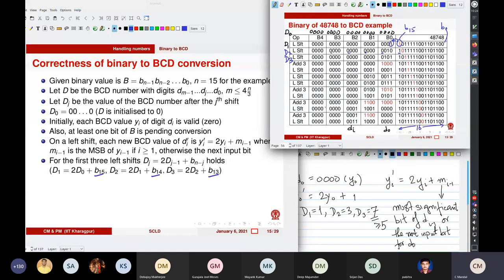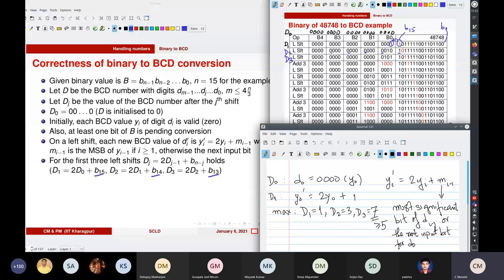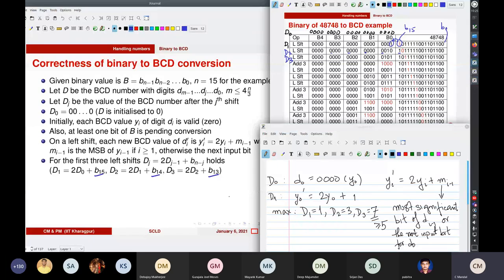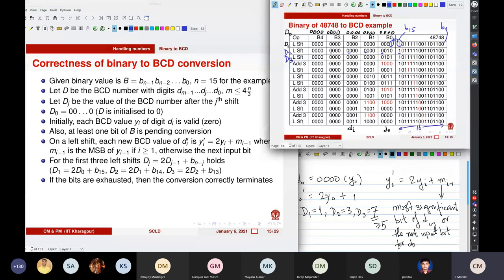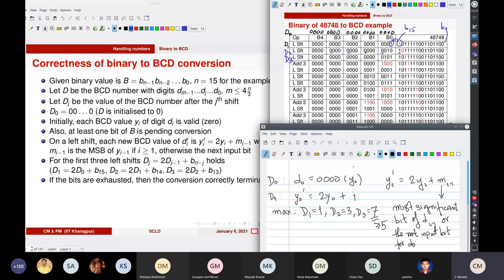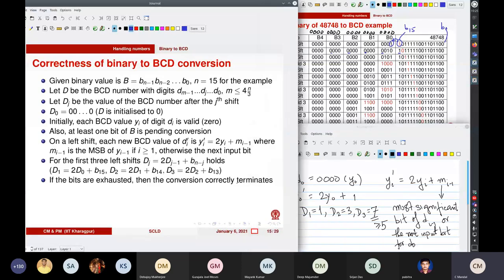Now what happens next? After shifting, as we saw yesterday also, if your bits are exhausted, then your conversion terminates. If they happen to exhaust after shifting the first 3 bits, then the conversion is correct.